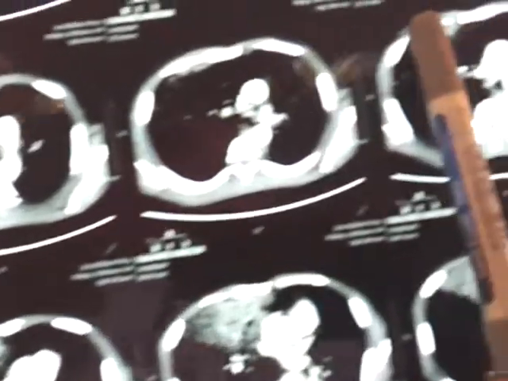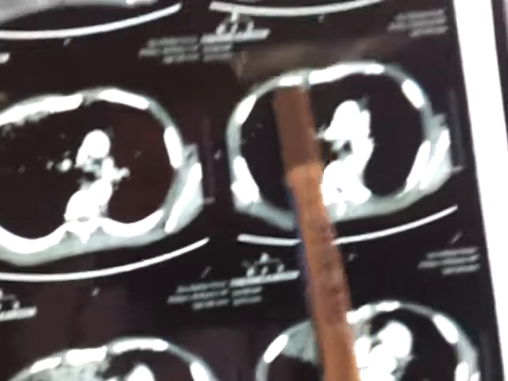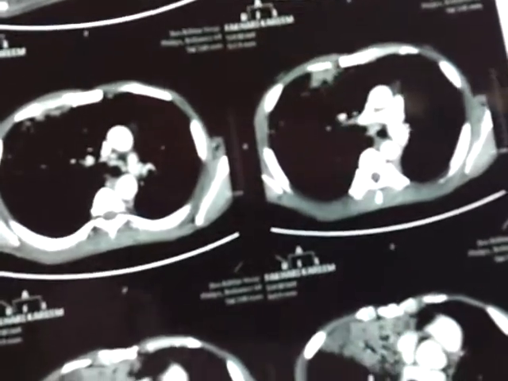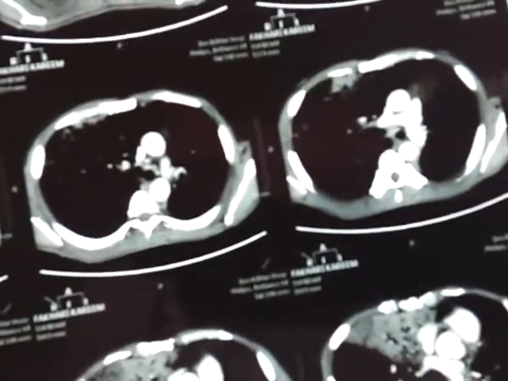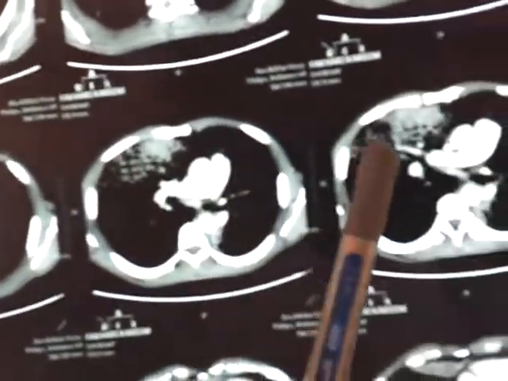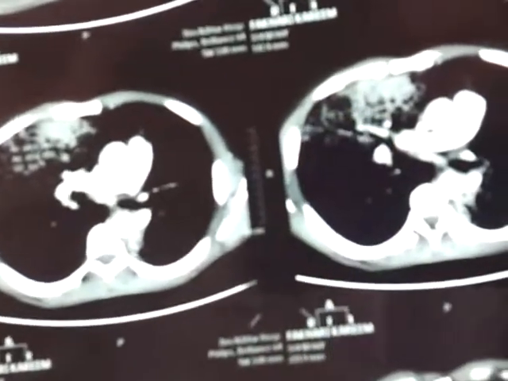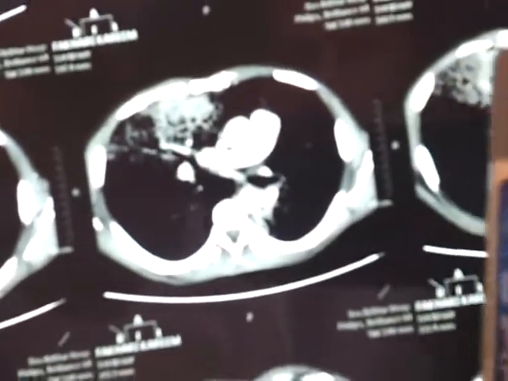At this point we start to get some opacity in the anterior part of the right lung. This opacity increases, you see it increase with air bronchogram. This is air bronchogram all over the lesion.